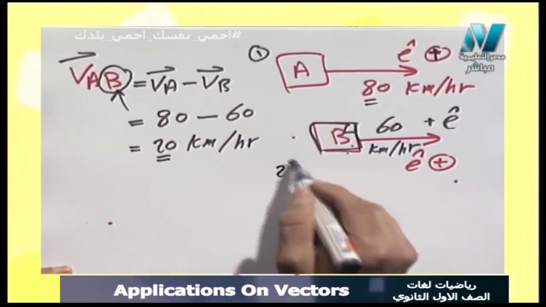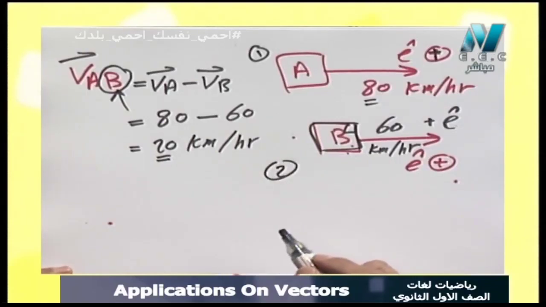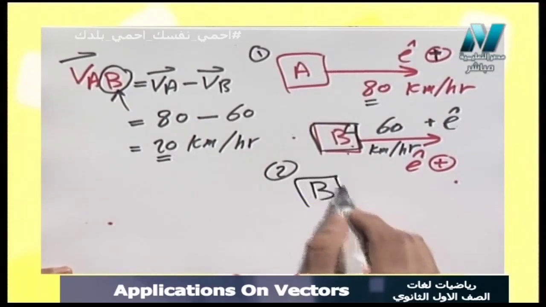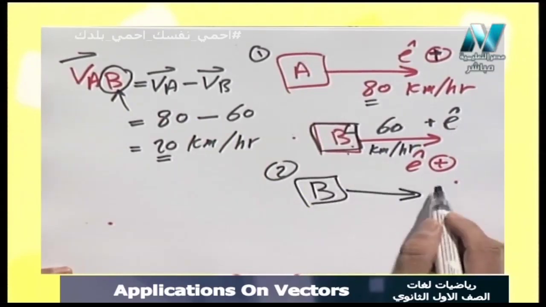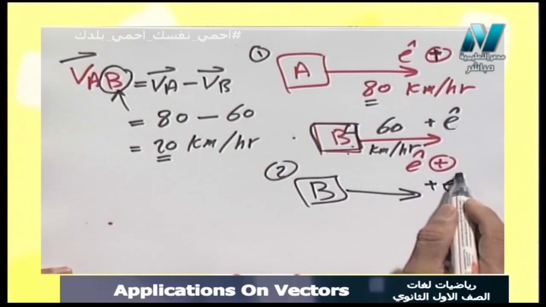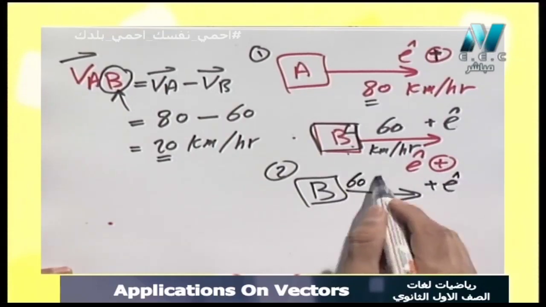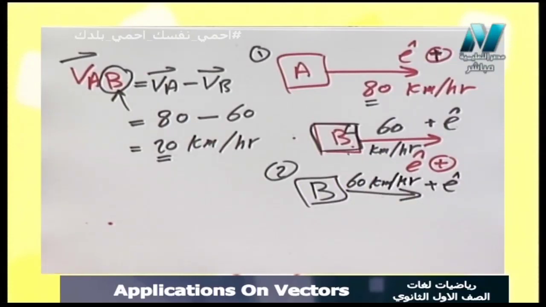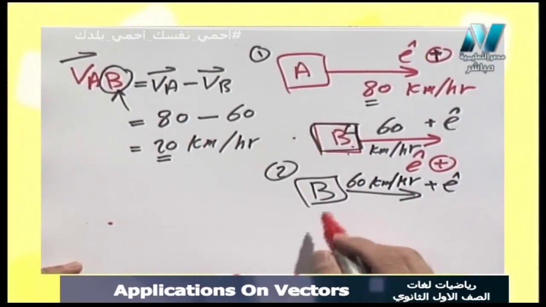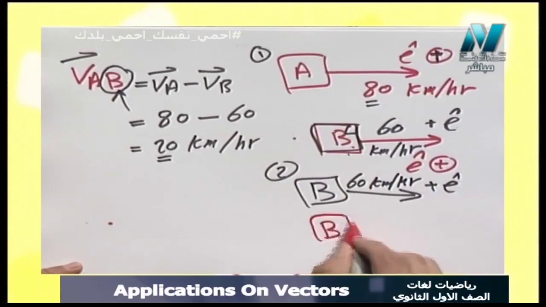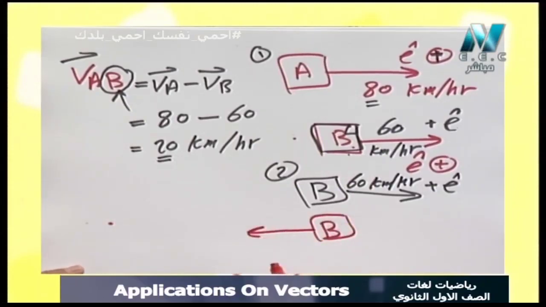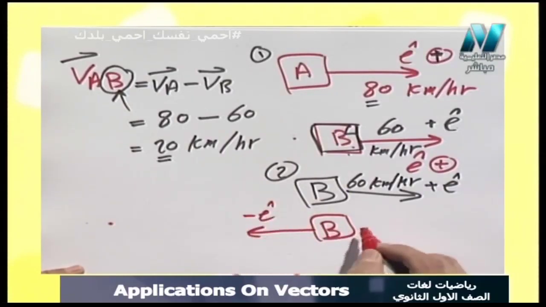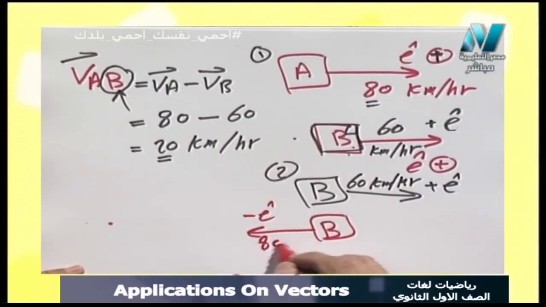But what if they have opposite directions? We have the car B, which is the observer, and moves here in the positive direction at 60 km/h. And the car A here moves in the opposite direction, which is negative, at 80 km/h.